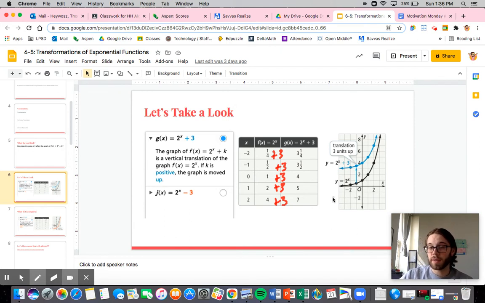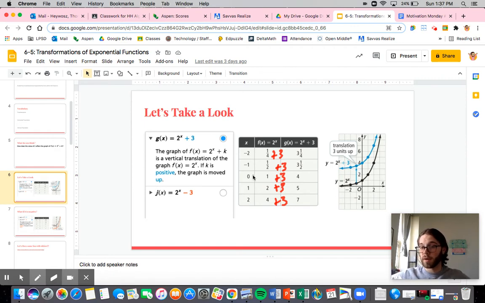What do you think that means about other pieces of information? Well, everything is going to shift up 3, okay? So the domain, that was always negative infinity to infinity. That was all real numbers every time anyway. So that doesn't change. However, my range is now never going to go below 3, right? Because I knew before it was never going below 0, but now I just added 3 to everything.